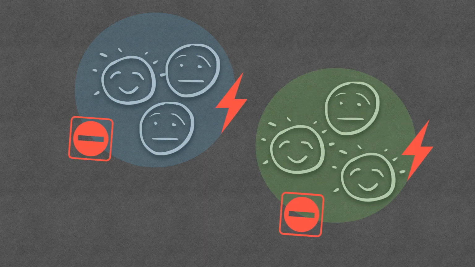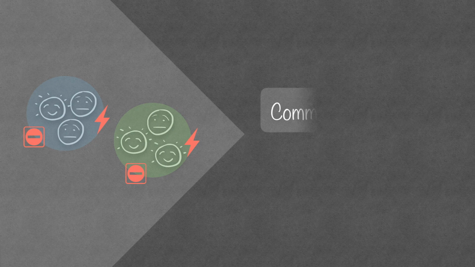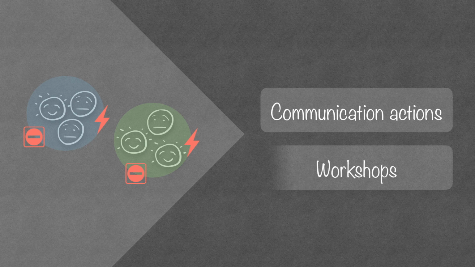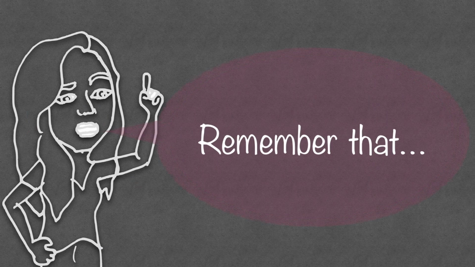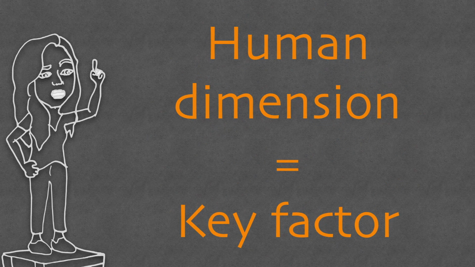The gathering of this information is very important to set up communication, actions, or workshops that are well targeted. Remember that the human dimension is essential in a change project. Behaviors should not be underestimated but treated as a key factor for the success of the change.